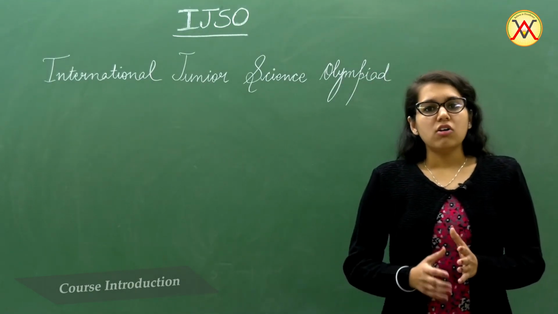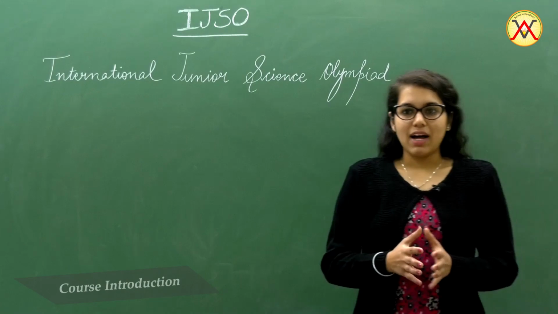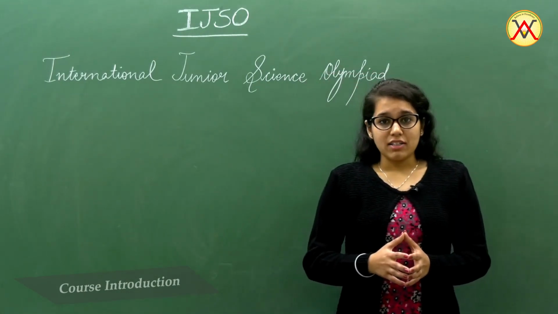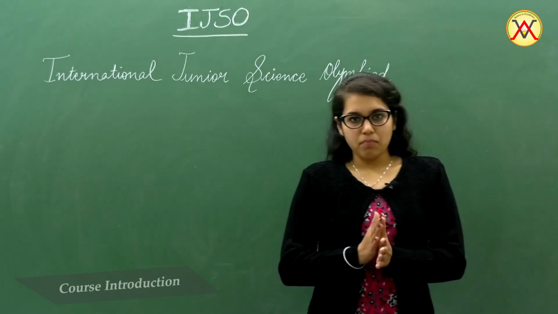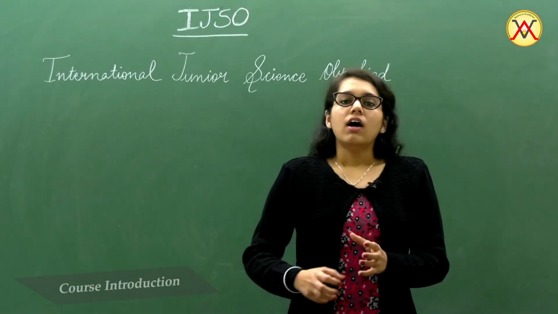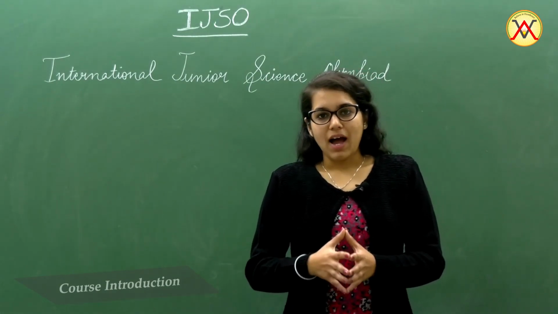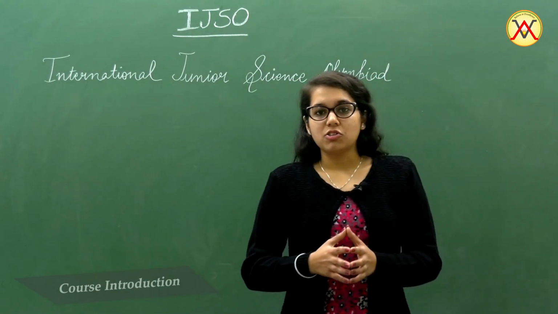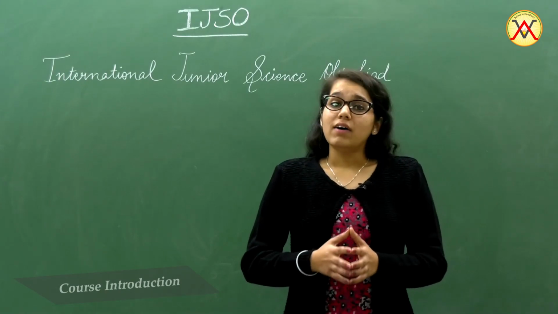Secondly, since it is organized at the world level and different countries participate, there is a mixing of cultures, so students develop a habit of interacting with the cultures of the world. That was the second objective of this Olympiad.